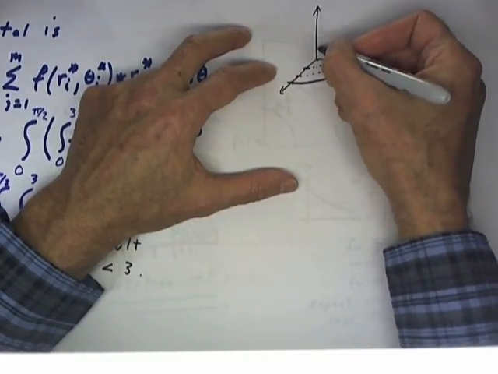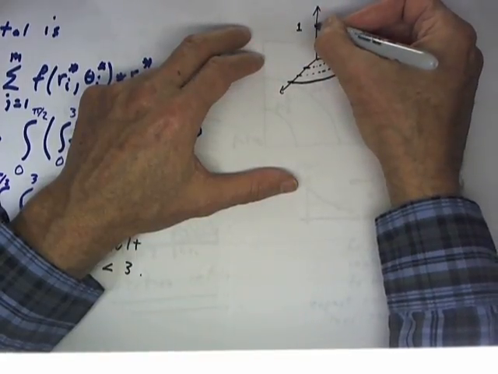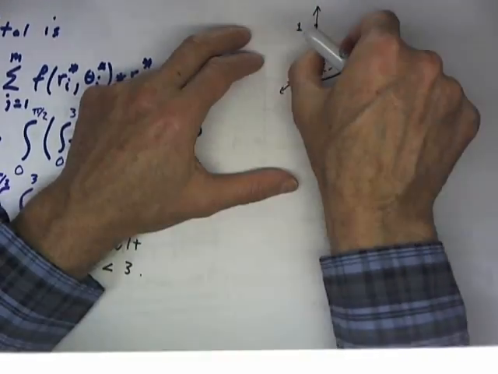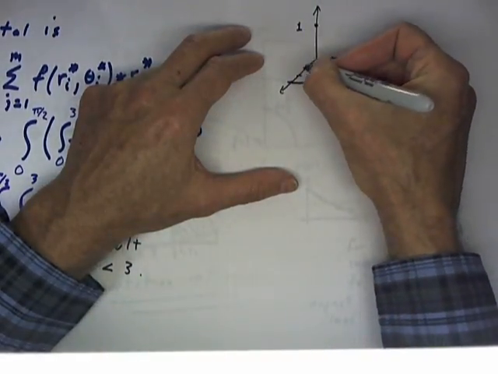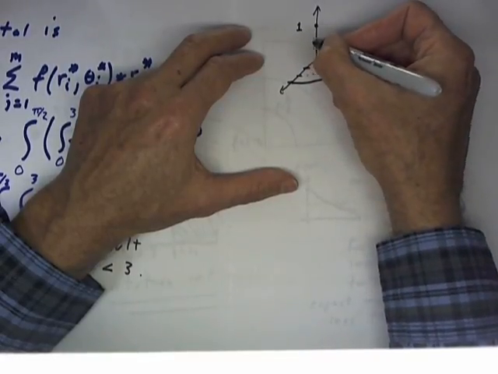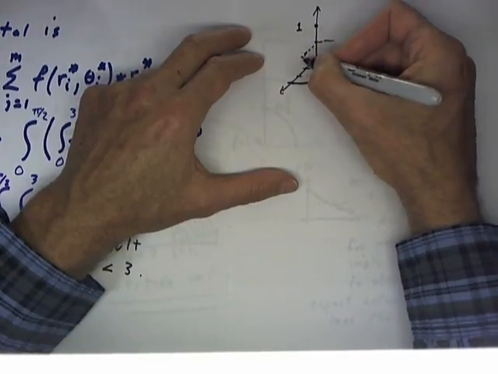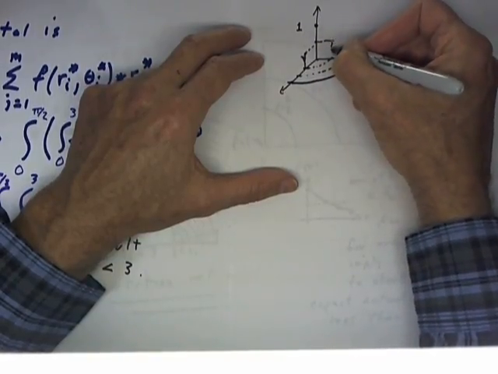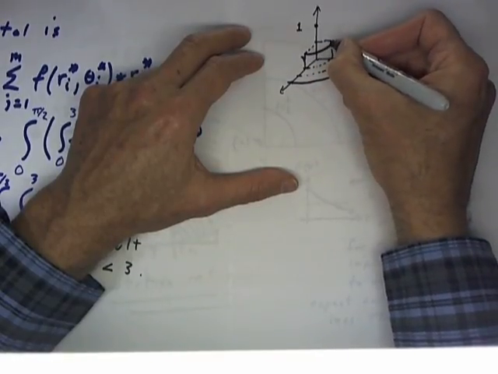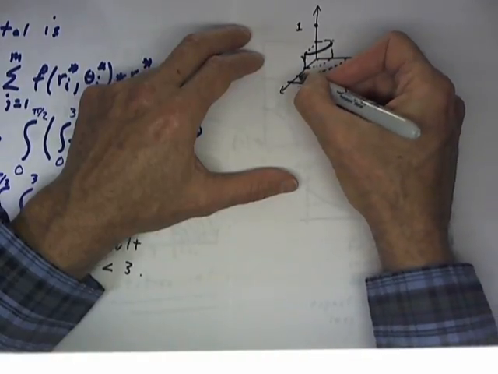When r equals 0, the value of our function is 1, so let's just say that this is 1 on the z-axis, kind of exaggerating the z-scale compared to the x and y scales. When we get out to the r equals 1 circle, as we've seen, the value is 1/2, so we can sketch the arc at the value z equals 1/2.